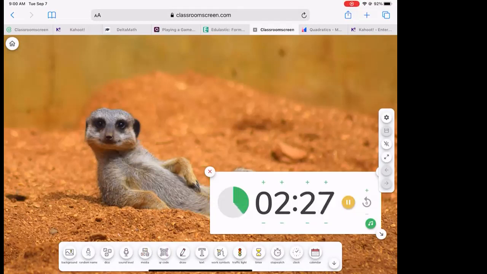Okay, so I got it. I'm having two lines to write. 45, C to the second.